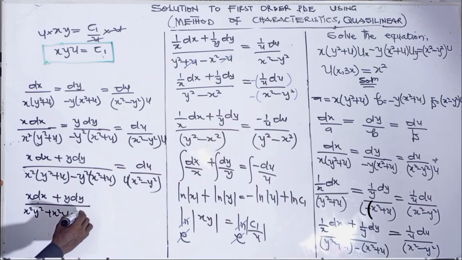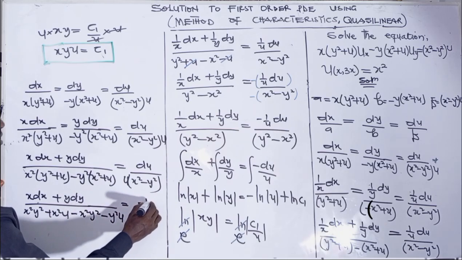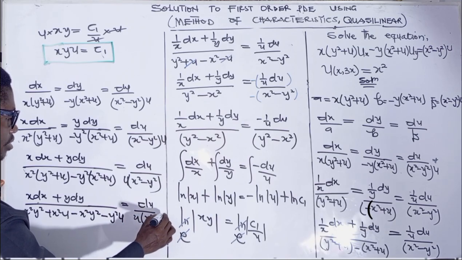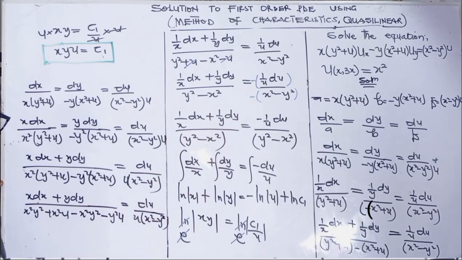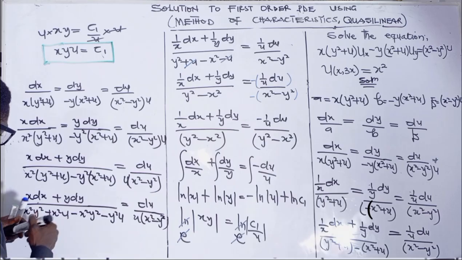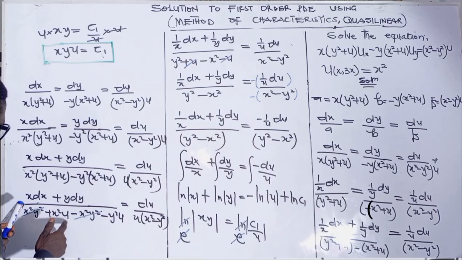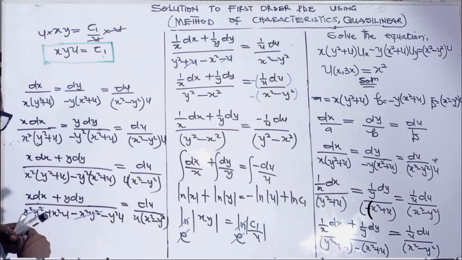This is giving us minus s squared y squared, and then we have minus y squared and then u, and this is equal to what? du all over u multiplying s squared minus y squared. So from here we can see that some of them will cancel. You can see that positive s squared y squared will cancel negative s squared y squared. So we are left with s squared u minus what? y squared u. Very, very interesting and then simple.